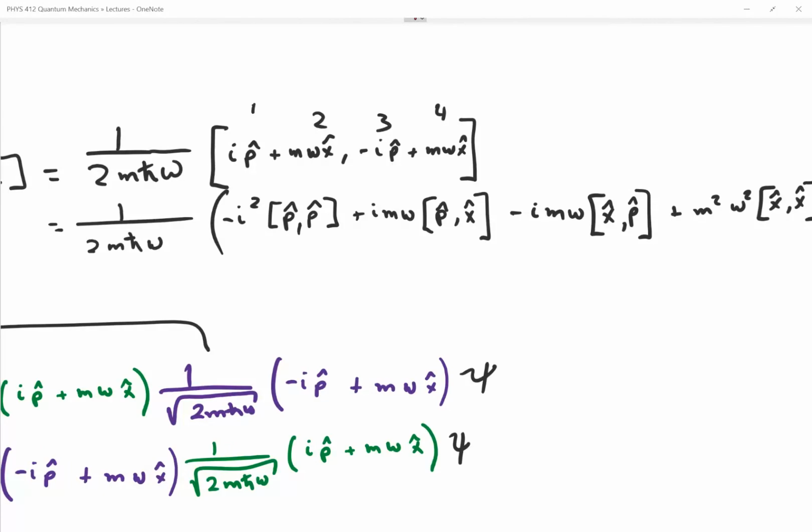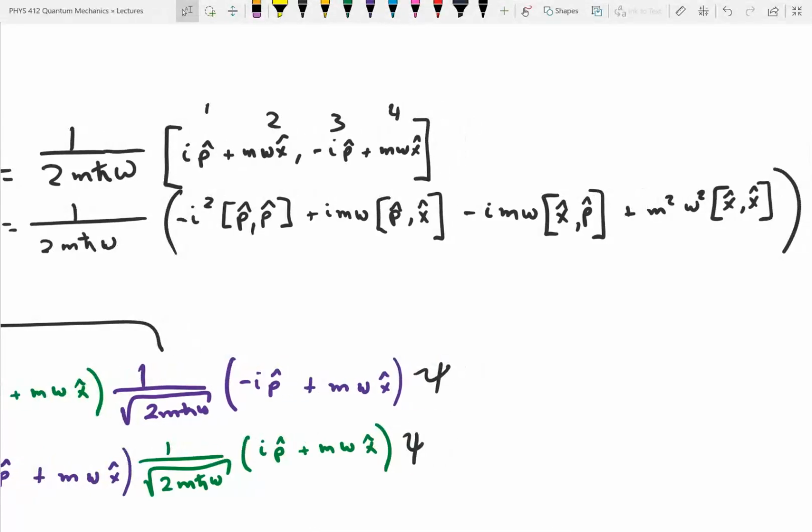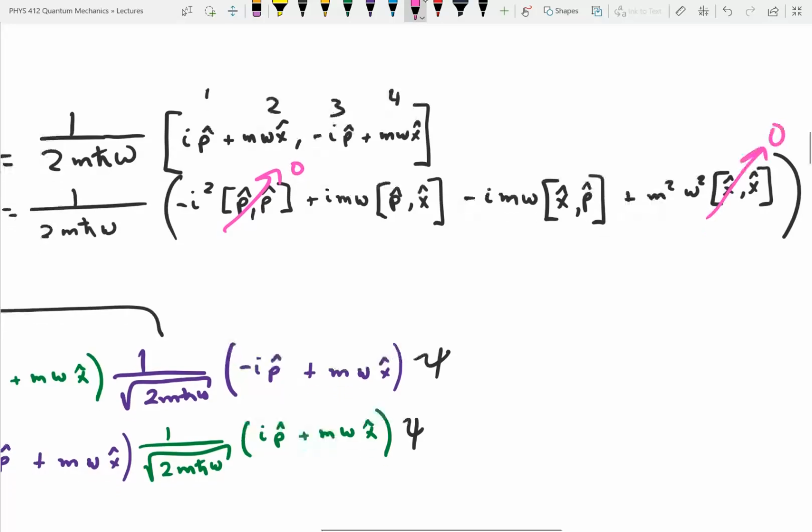Looking at these, which commutators can you immediately identify their values? What's the commutator of P with P? Zero, because there's no difference in P operating on P and P operating on P. Right. So those two are real easy.